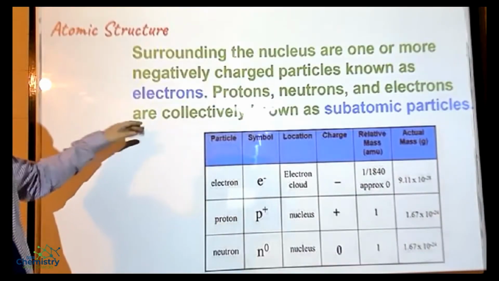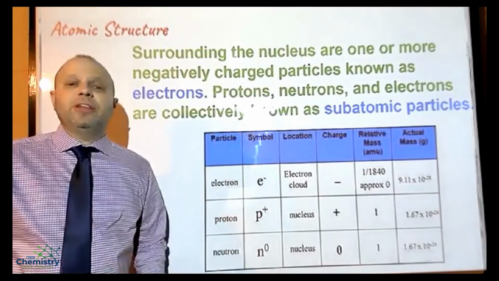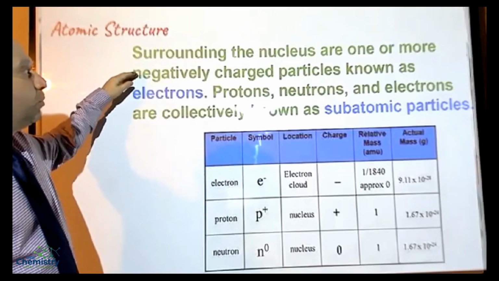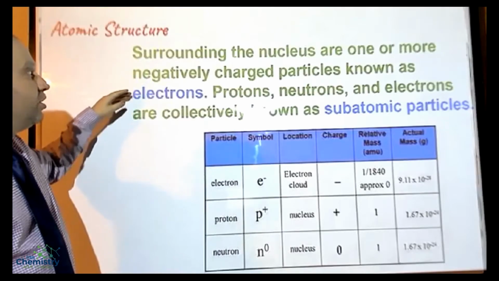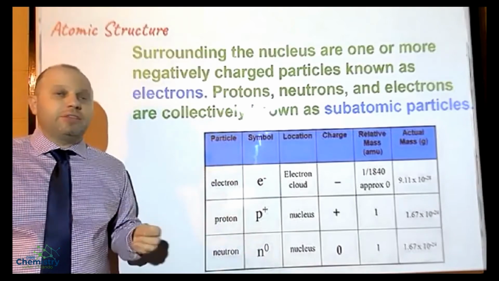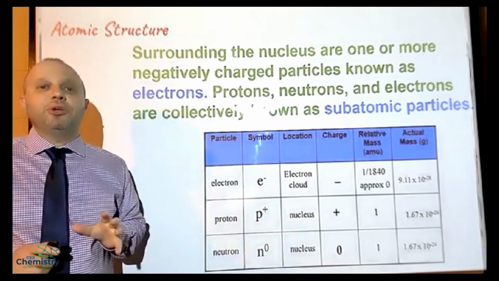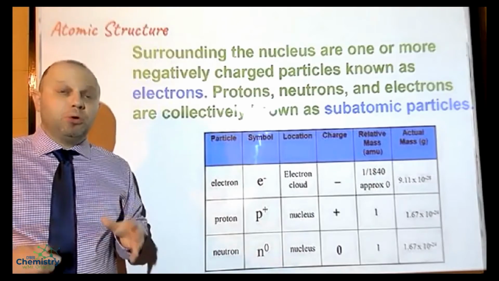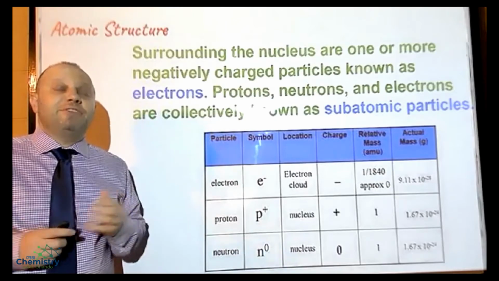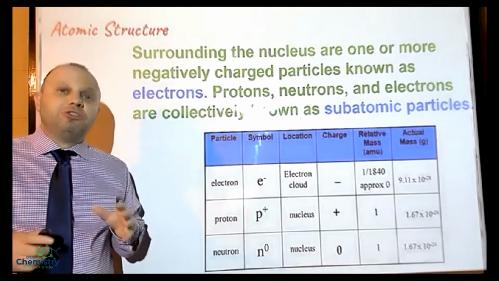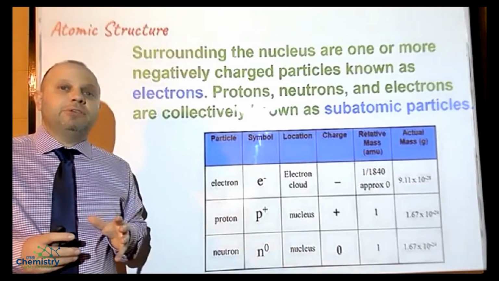Now let's take a look at this table that summarizes everything for us. Surrounding the nucleus are one or more negatively charged particles known as electrons. Just a reminder, we at first thought they were haphazardly floating around the nucleus, but then it was the discovery by Bohr that told us that we have energy levels and that these electrons are confined to these energy levels.